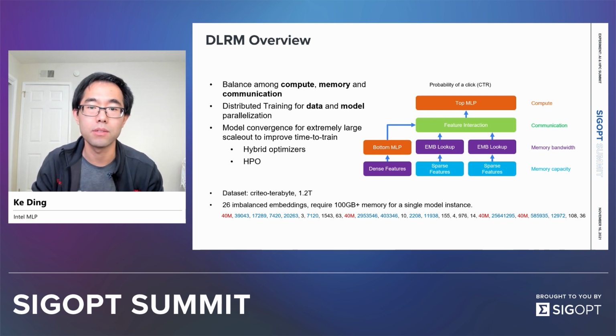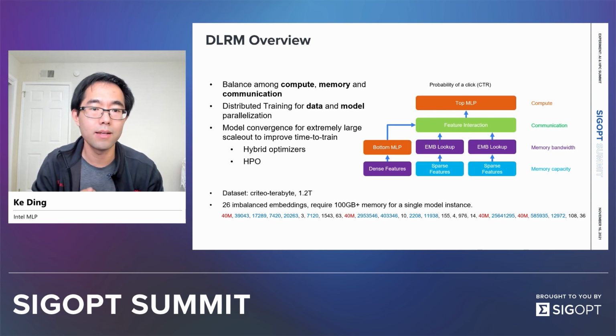The model is so large that we need to use both model and data parallelization in order to speed up the training. However, when we do so, it means that we are increasing the global batch size and reducing the number of weight updates per epoch. It then introduces another challenge on model convergence.